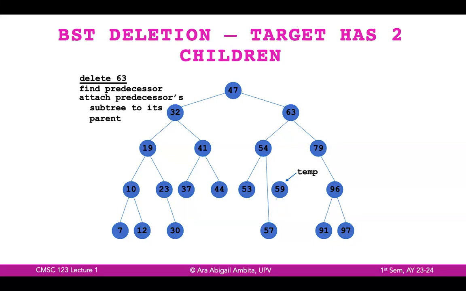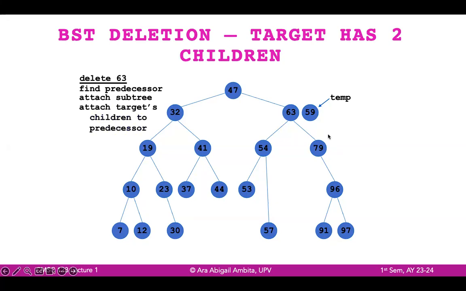Next, we now have 59, which is the temporary, and we are going to replace 63 with 59. That means all the children of 63, which are the left subtree 54 and 79, must be connected to 59. So 59 is connected to 79, and 59 to 54.